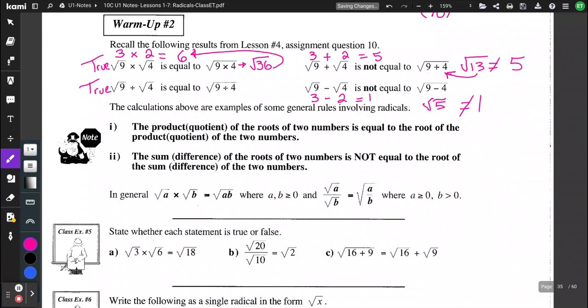That's basically what these two things are telling us. If it says product and quotient, that means the multiplying and dividing. And when it says sum and difference, this means you're adding and subtracting. Those have to be done separately. Add and subtract must be done separately.